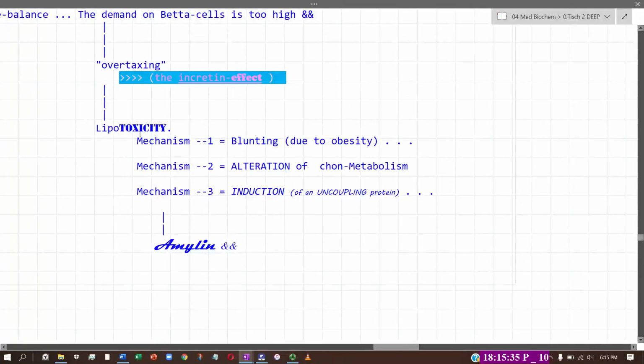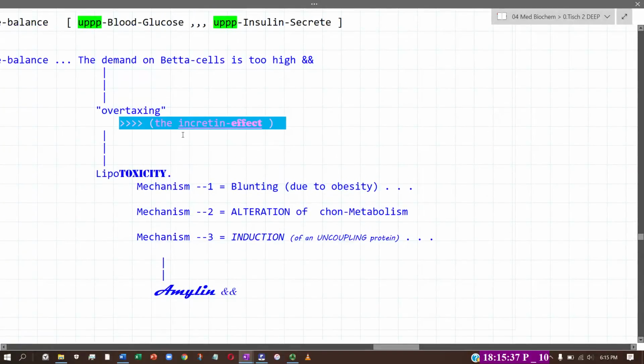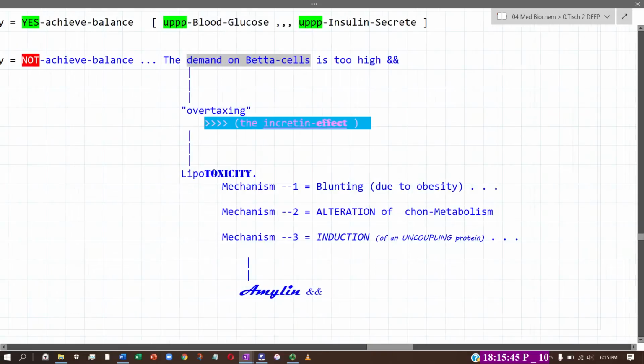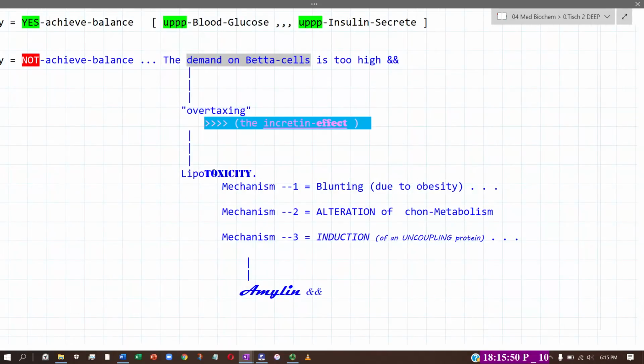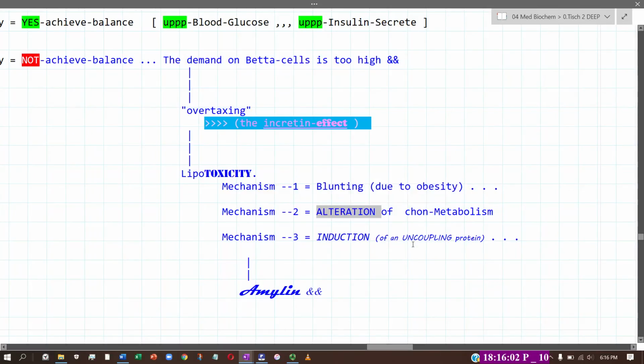Then there's another concept that needed to be addressed in regard to the high demand on beta cells: lipotoxicity. There are some mechanisms proposed, and it seems like there's still debate in the scientific community about this. What was provided in the notes was mechanism one, something about blunting due to obesity, then something about alteration of mitochondrial metabolism.